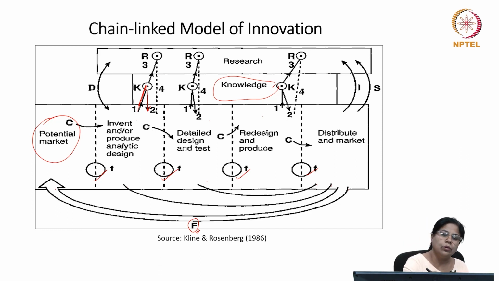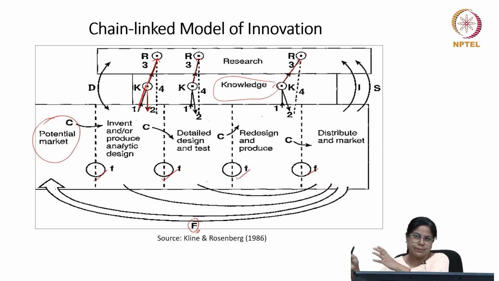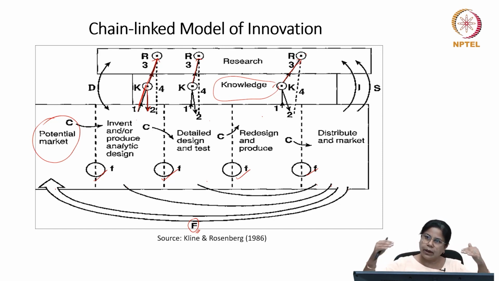That is where this contribution moves from K to R. So feedbacks which happen from these stages, potential market, invent, detailed design, these specific subsections, the first feedback is expected to go to the knowledge, so that we can understand whether we can find a solution within this category or not.